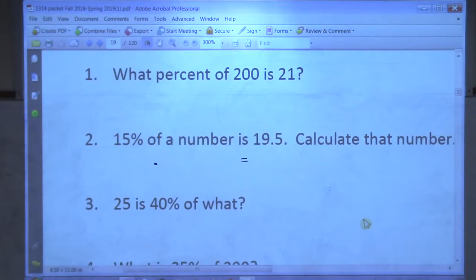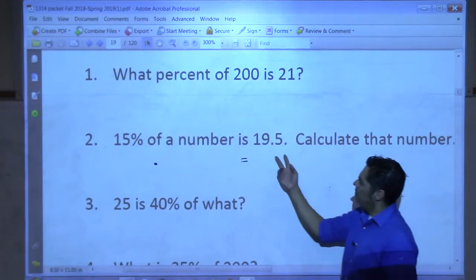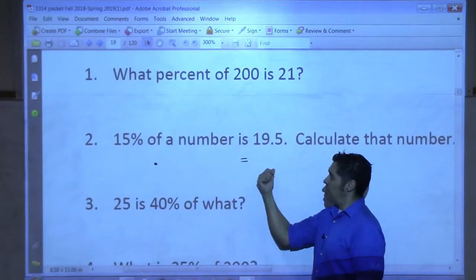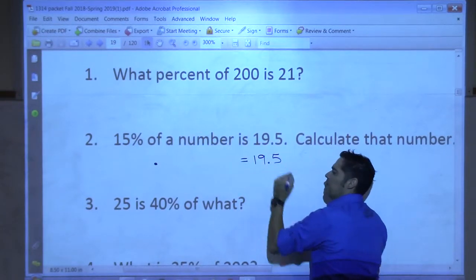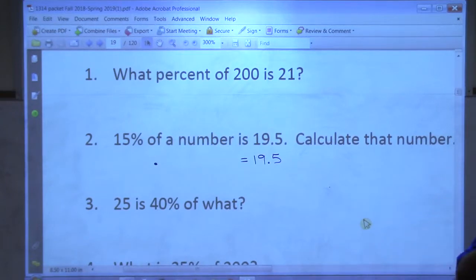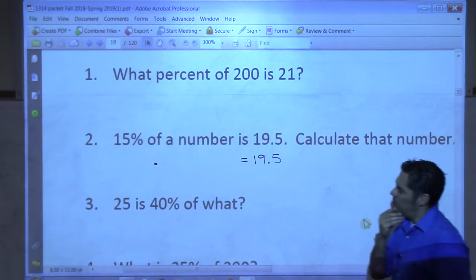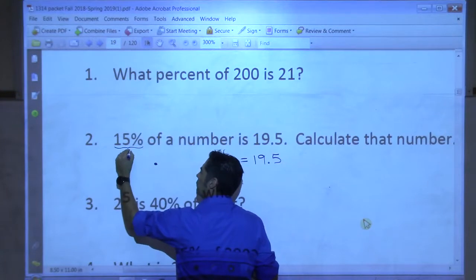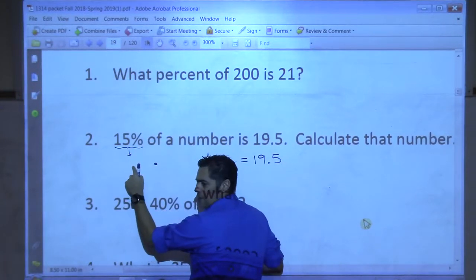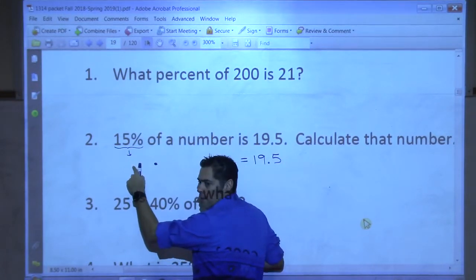All right, what about this 19.5? Where would I put this? On this side of the equation, so 19.5. Do y'all see we're generating the equation right from the words? And then how about this 15%, Robert? Now, this is very important, everyone.